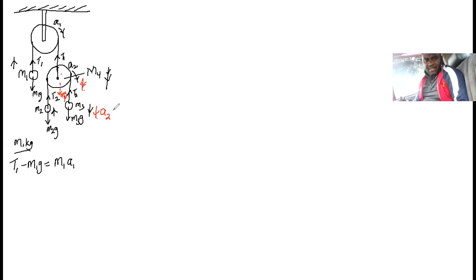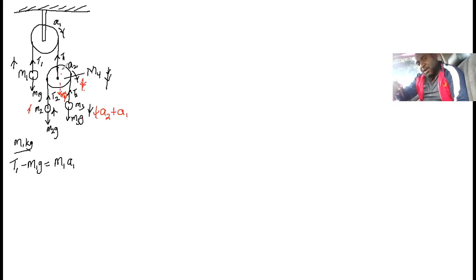Now, if it is in the same direction, its acceleration becomes A2 plus A1. Why? Because the pulley is moving down, and even this mass is moving down. So it's moving in the same direction as the movable pulley. So the resultant is the sum of the two accelerations. While for this one, which is going up, its movement upwards is opposing the motion of the movable pulley.